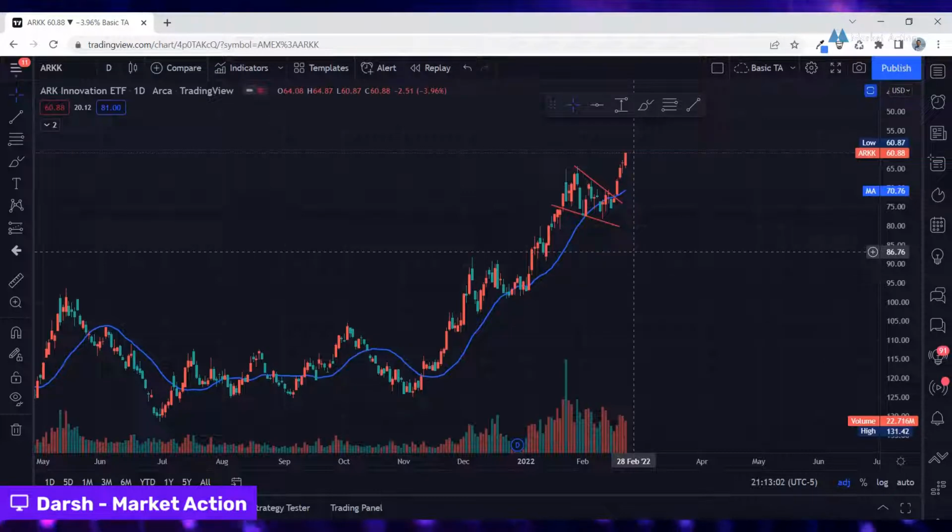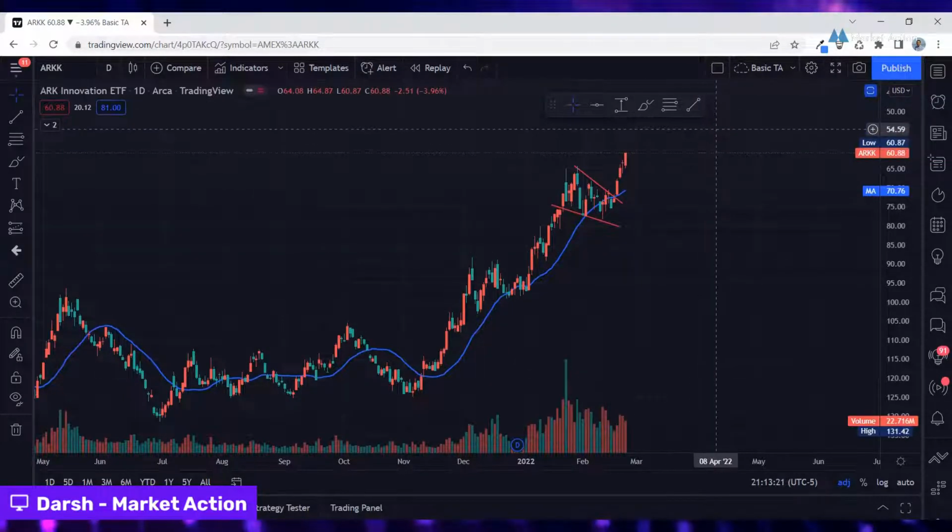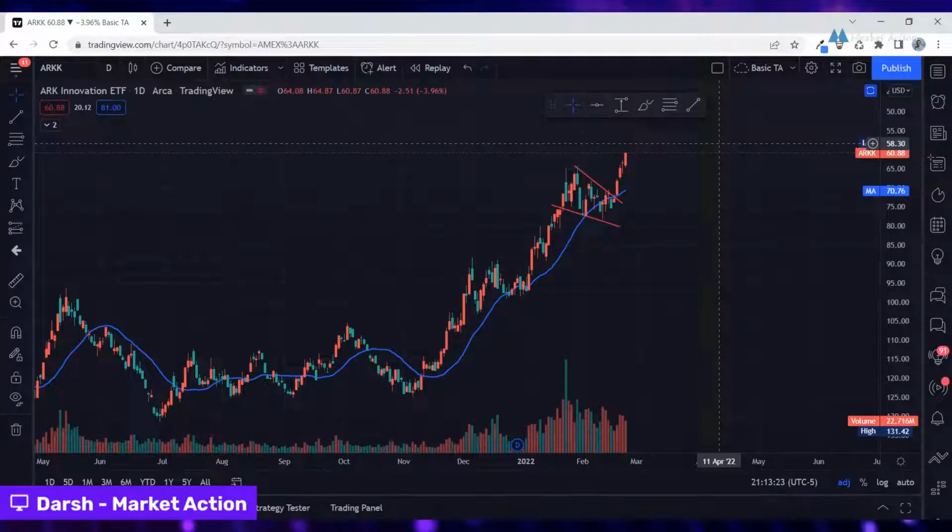So be very cautious: don't look at the charts upside down and take a trade that is completely opposite. Make sure you trade in parallel to the way you're analyzing the charts, and you look at the price targets based on your trading.